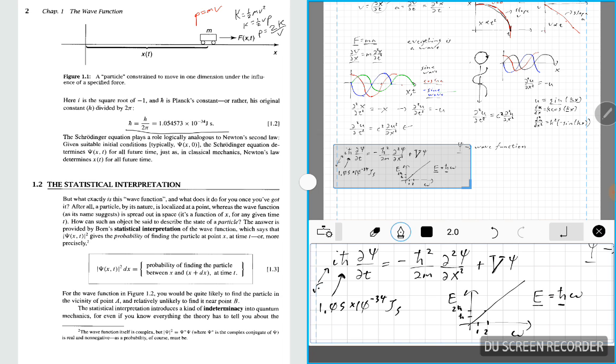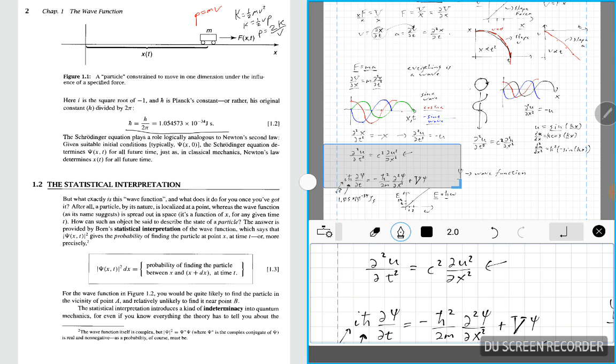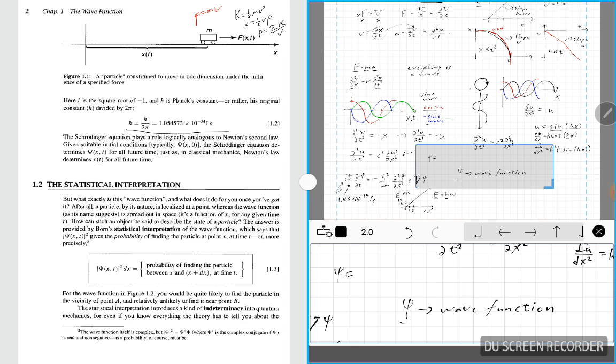i is just the square root of -1. This is something that comes out when we consider our plane wave solutions to these problems. So our most generalized way of writing a wave is to consider some psi equals psi naught, and then e to the, we will have space and we will have time in there too.